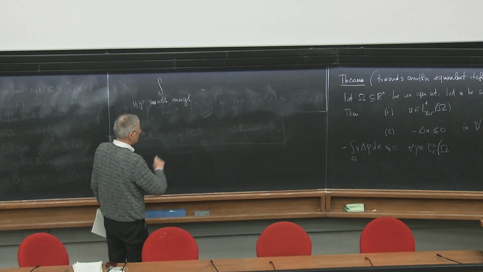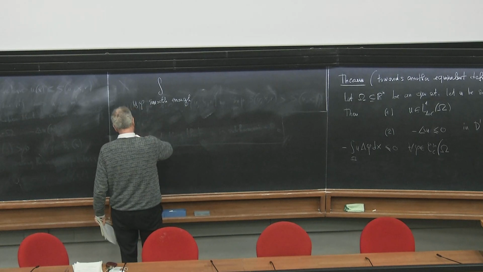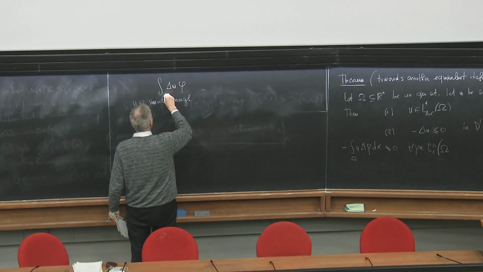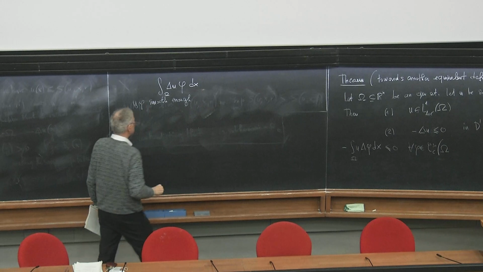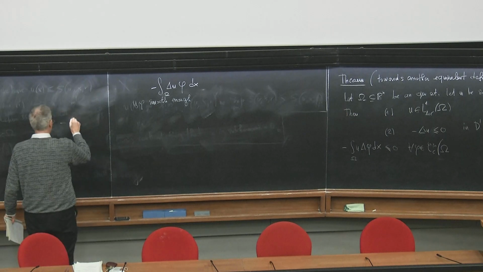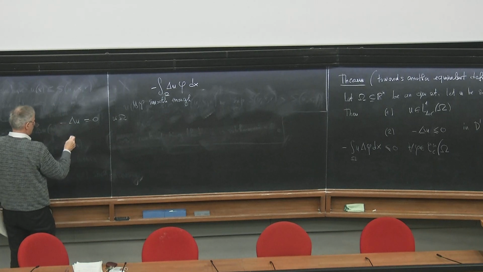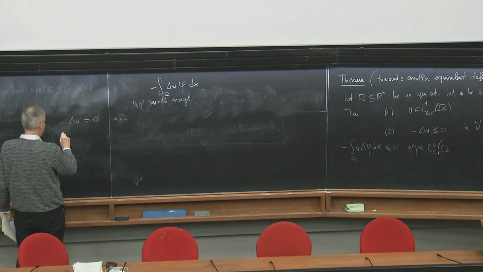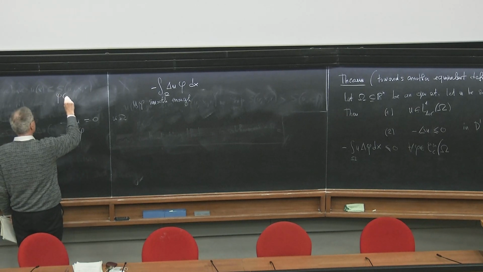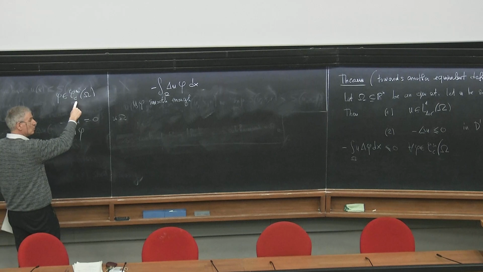But let me convince you, because this would require another 15 lectures. Suppose that everything is smooth, and suppose that I have minus Laplacian of u equals 0 in omega. Then I multiply by phi, a test function. Test means here C infinity with compact support. This is crucial.